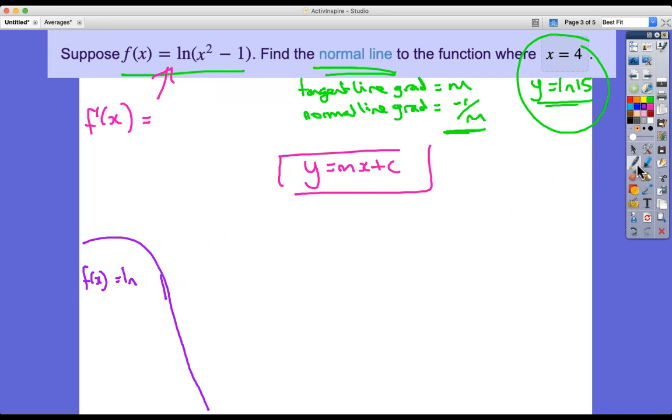If you've got anything, okay, my room, and then I'll fence it off afterwards. Okay, so if you've got ln f of x, then f dashed x is actually equal to f dashed x over f of x.